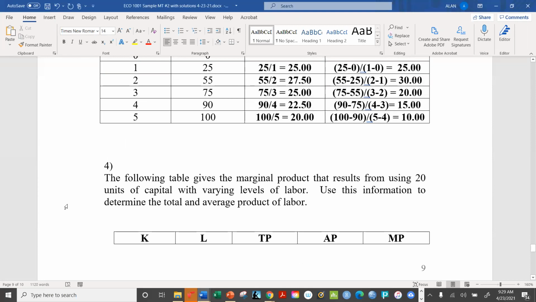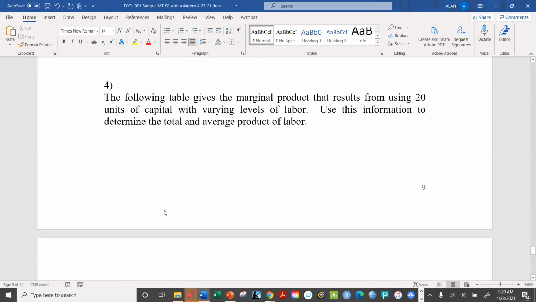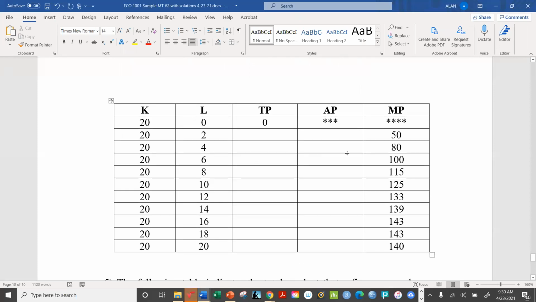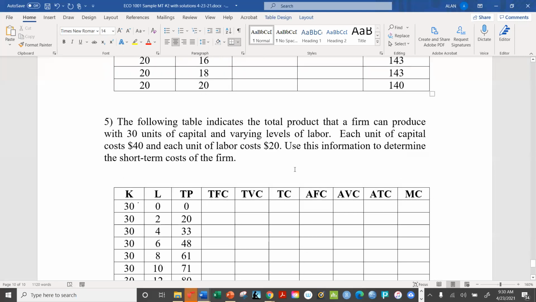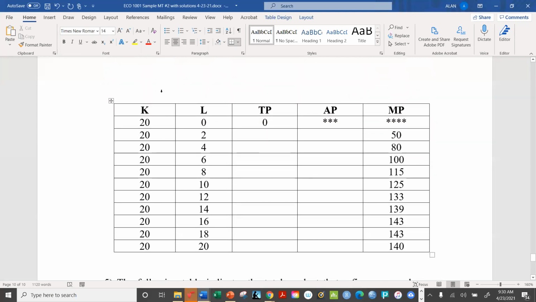Then we have this enormous table. Here, what we have to do is figure out the total and average product of labor. Oh, here are the boxes already there. This one is a pain because we kind of have to work it backwards.